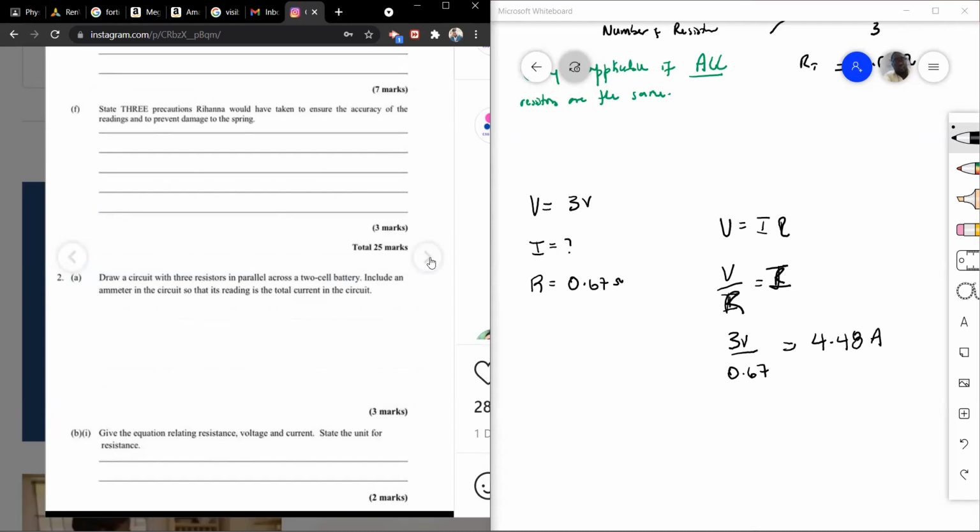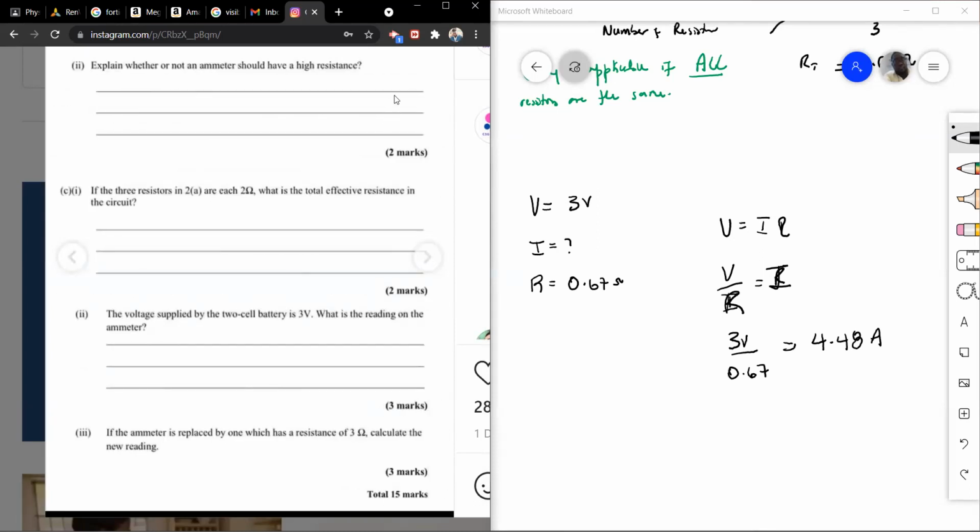Must be 0. If the ammeter is replaced by one which has a resistance of 3 ohms, calculate the new reading. Although, you know, this can make sense, because if the ammeter itself has a resistance of 3 ohms, then calculate the new reading of current on the ammeter. I think that's what they meant to ask.